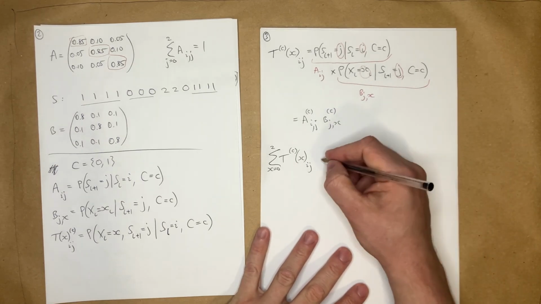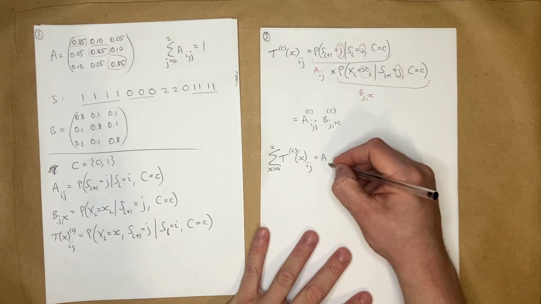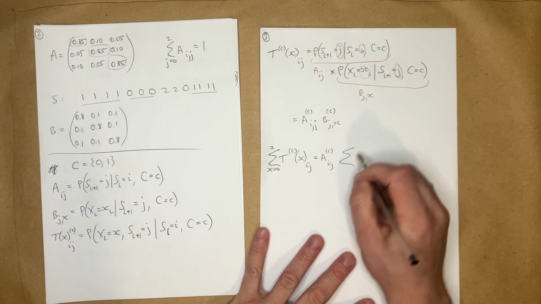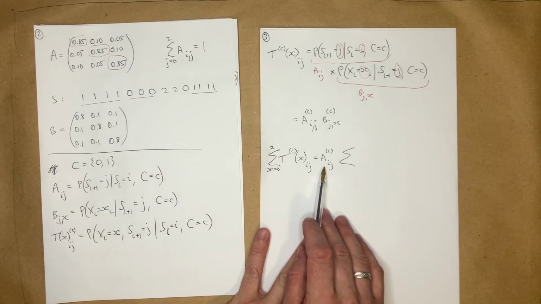We can marginalize it and express the fact that A_ij is multiplied by, because here I'm marginalizing over x, and A doesn't depend on x because it's got nothing to do with tokens.